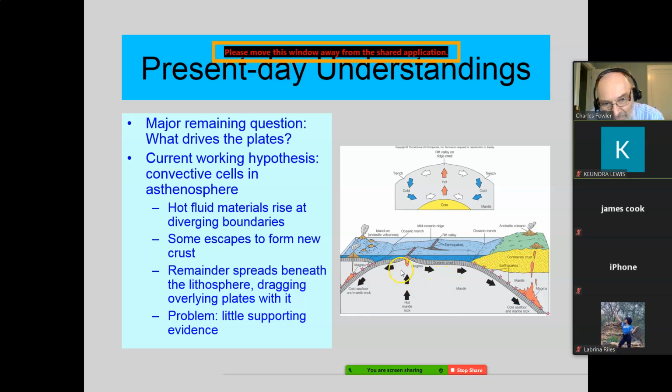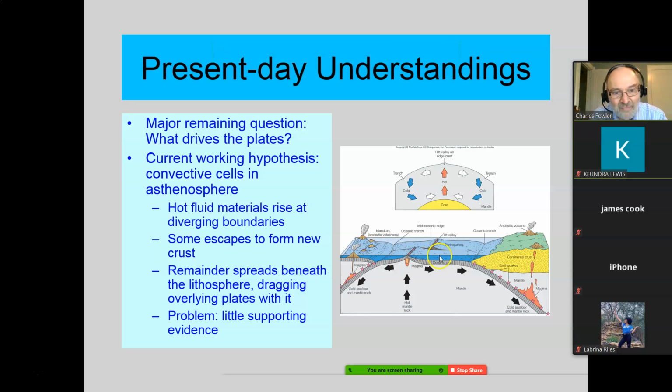Other parts of the magma pulling on either side tend to drag them further apart. One of those is called ridge push, and the one down here is called slab pull. Both are sort of the same idea, the same working hypothesis. It's just which is the chicken and which is the egg.